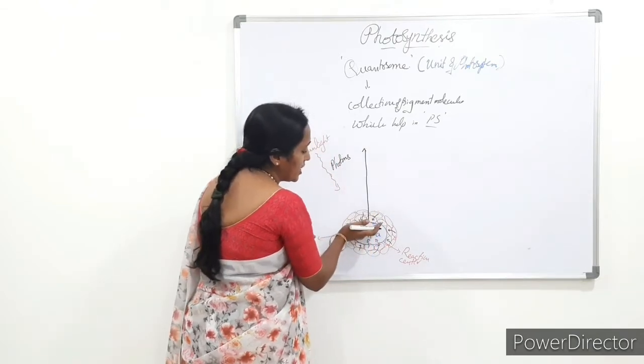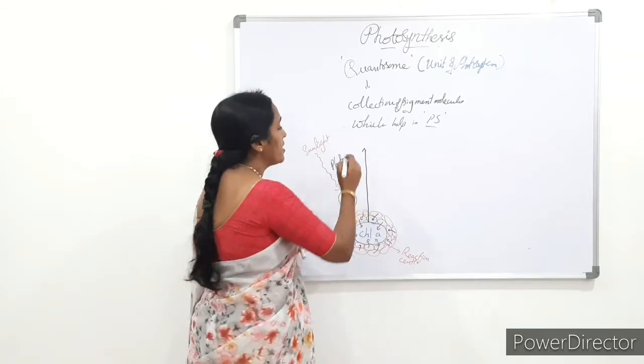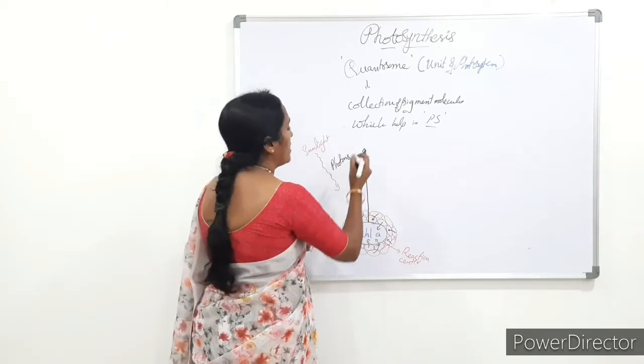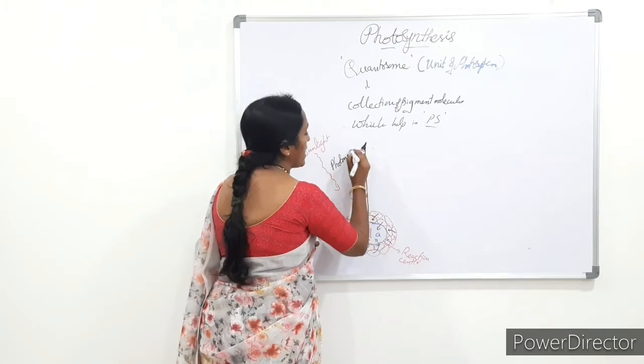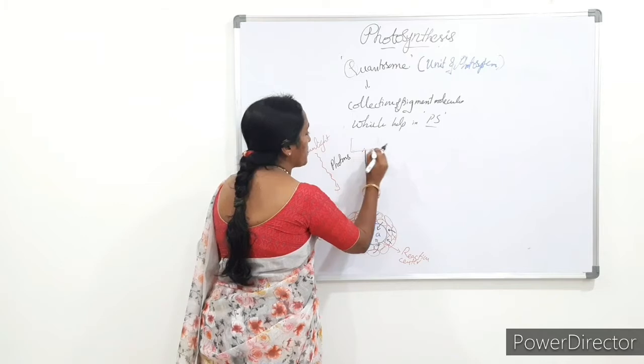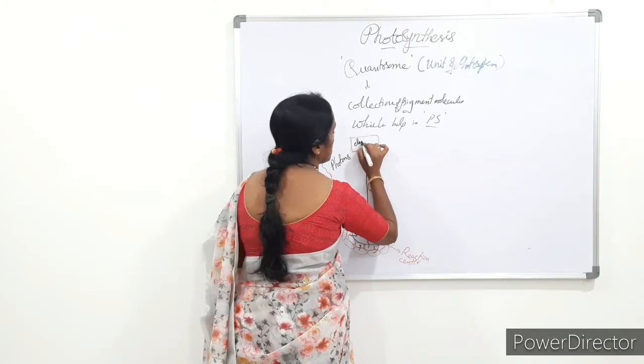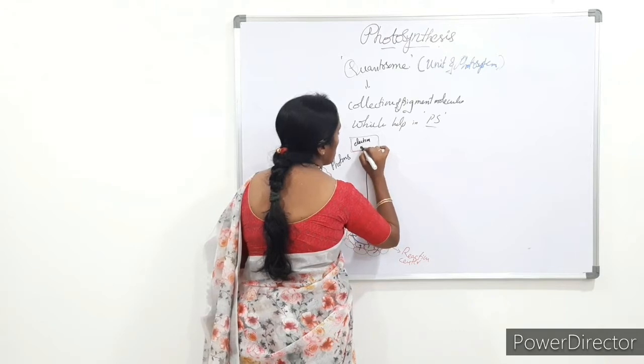When the electrons get excited, a pair of electrons is received by an acceptor. This is called the electron acceptor. Why?